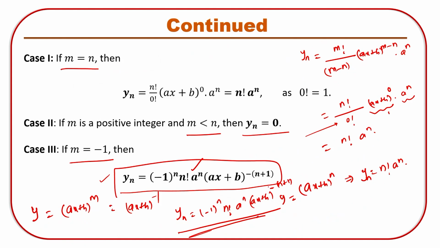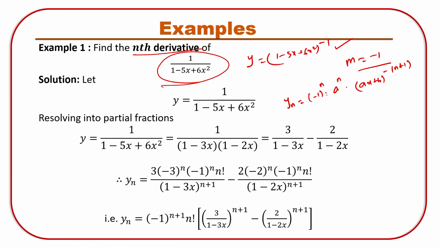So that is what the formula is. I had left out factorial n, so we will use factorial n here somewhere. Here n is the nth derivative itself. And how to find it? This comes out to (minus 1) power n, factorial n, into a power n.